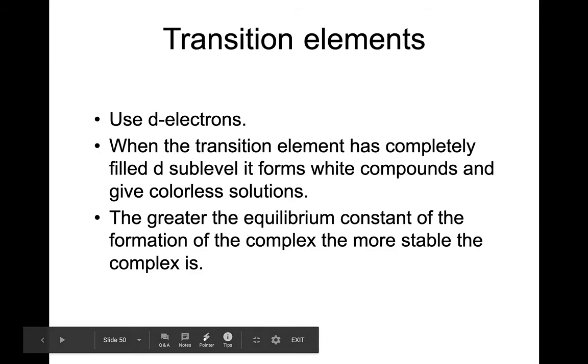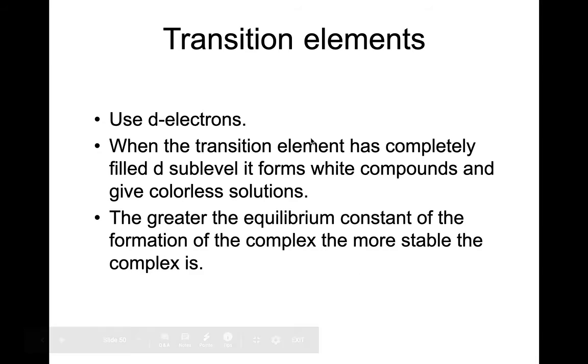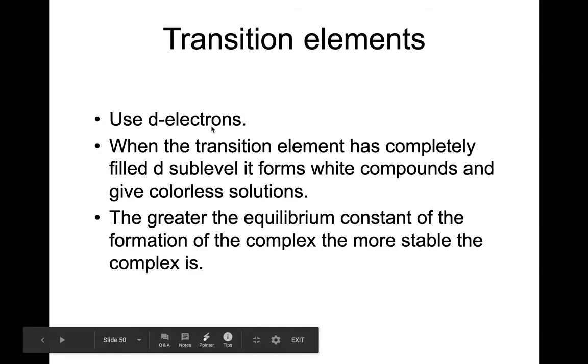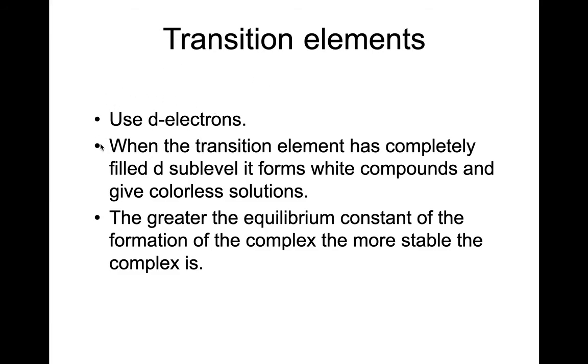The transition elements are able to use the d shell valence orbitals. So when they've completely filled these d orbitals, they form white compounds and give us colorless solutions. This is what was happening, by the way, in our iodine clock reaction.